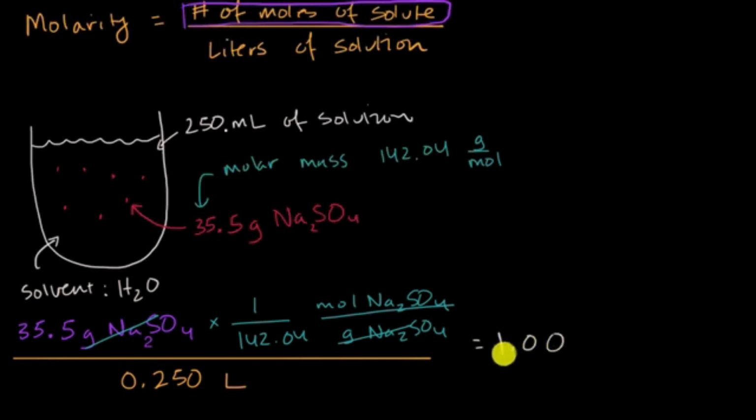And then you might say, what is the unit here? And what people will normally say is this is 1.00 molar. When you see this capital M right over here, that is the unit for molarity, but they're really talking about the number of moles of solute per liter of solution. And we are done.